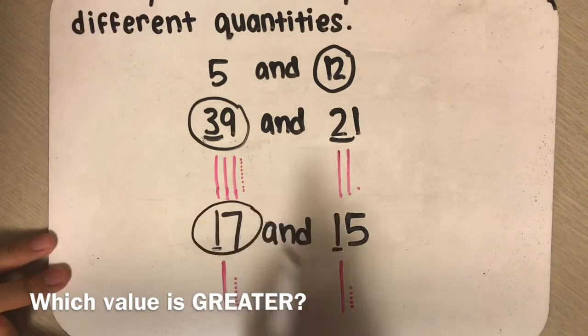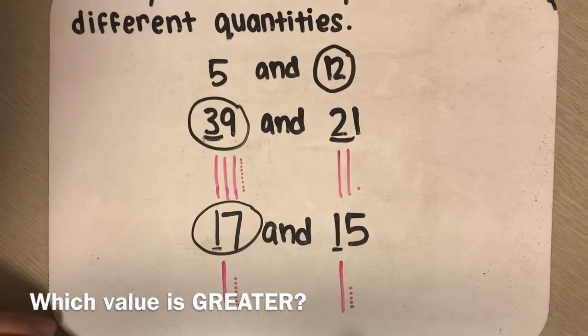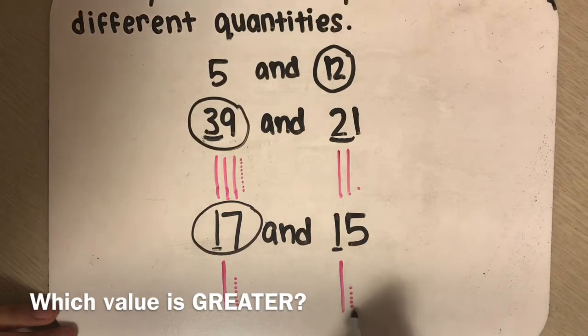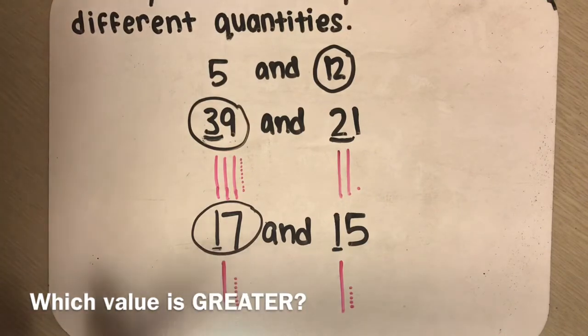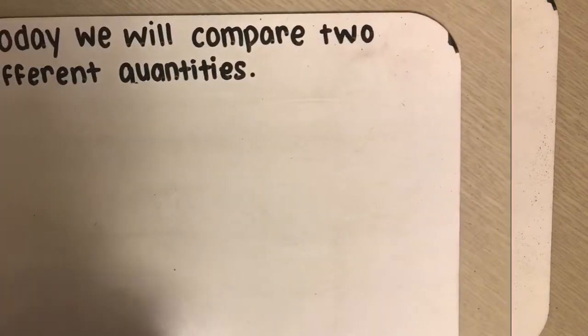It's 17. Even though these numbers have the same amount of tens, they have a different amount of ones. 17 has 7 ones. 15 only has 5 ones. So 17 is greater than 15.